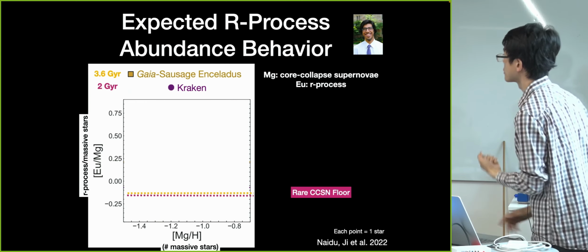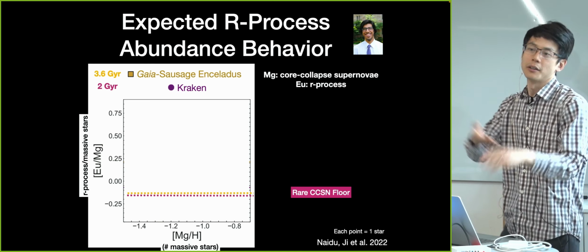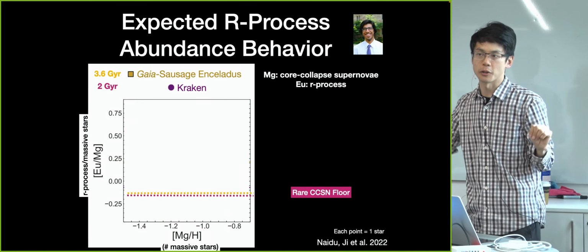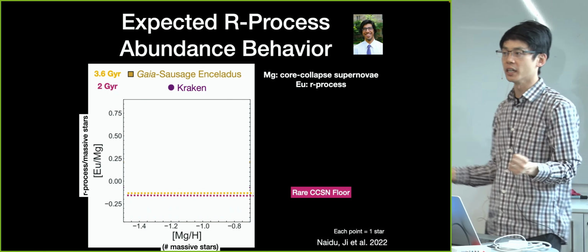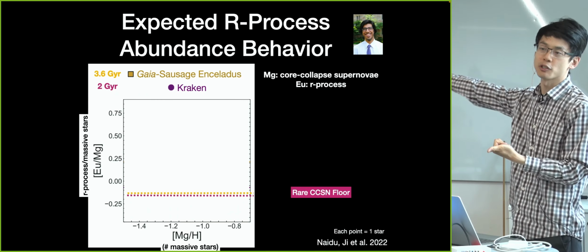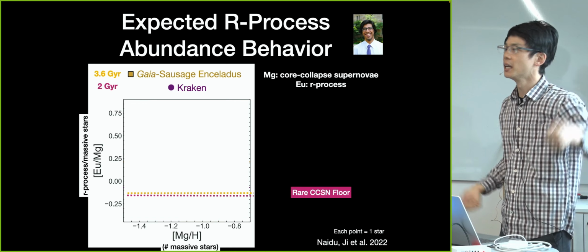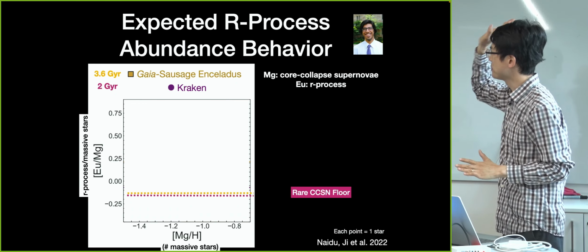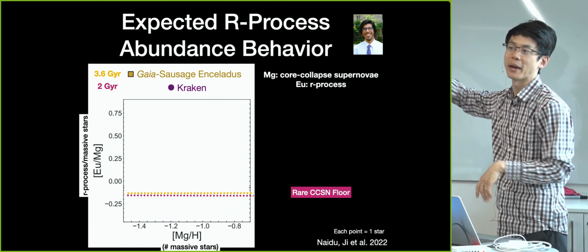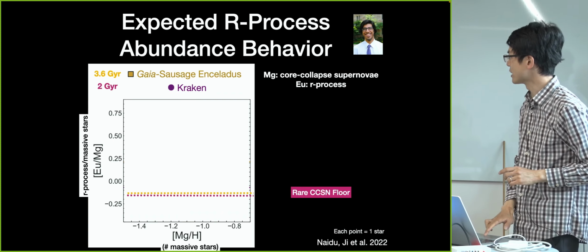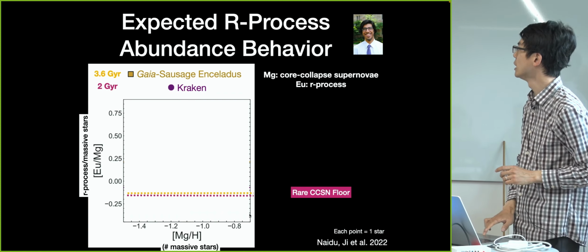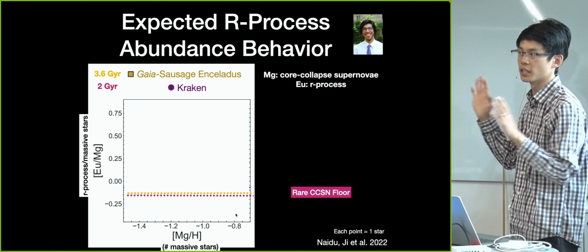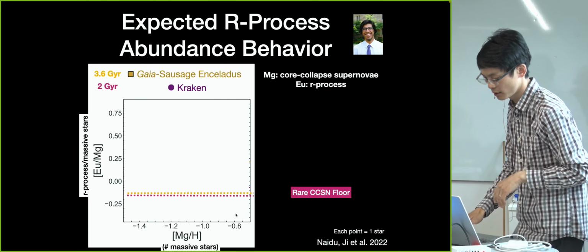To illustrate this, let's imagine that the only thing that ever produces R process in the universe is core collapse supernova. What this means is whenever you produce magnesium, you basically produce europium. There is a substantial amount of stochasticity, but that's OK because we looked at galaxies that are so high mass, we don't care about that. So you should essentially have a constant plateau in the europium to magnesium ratios inside of the stars in your galaxy.